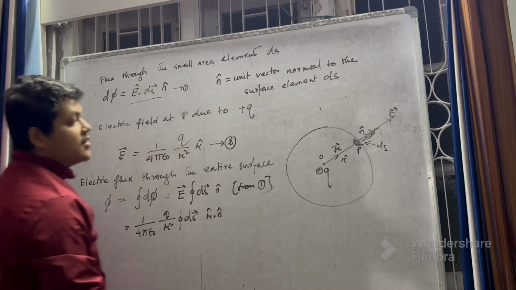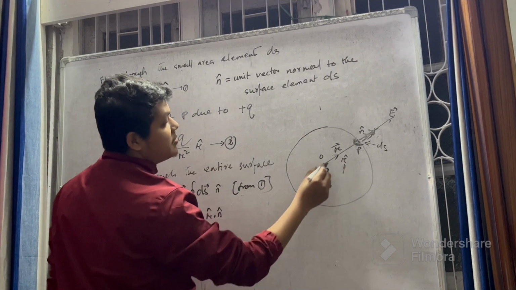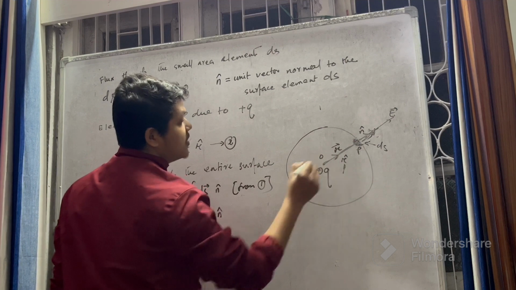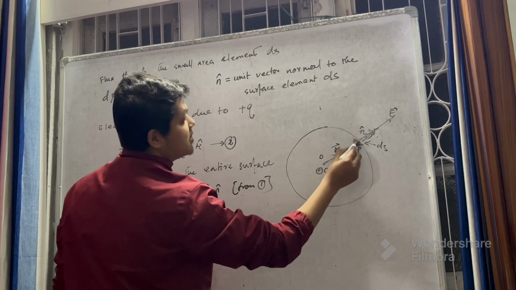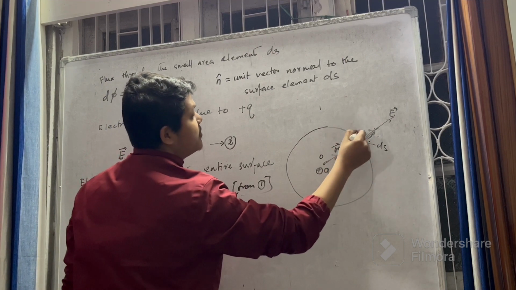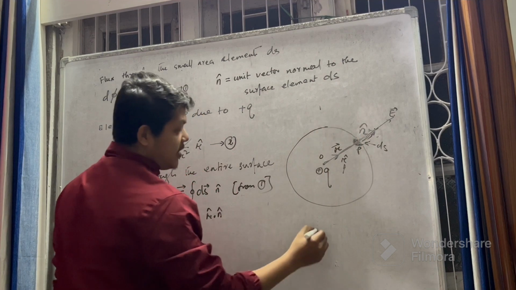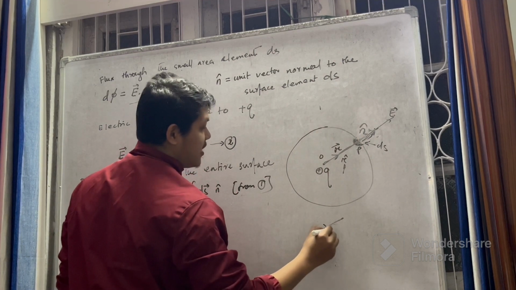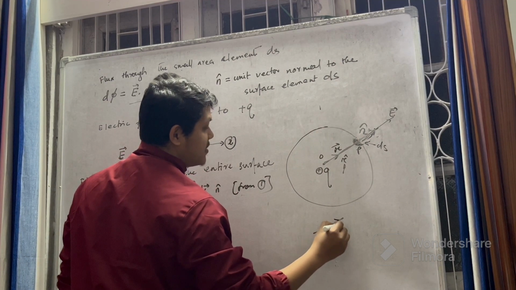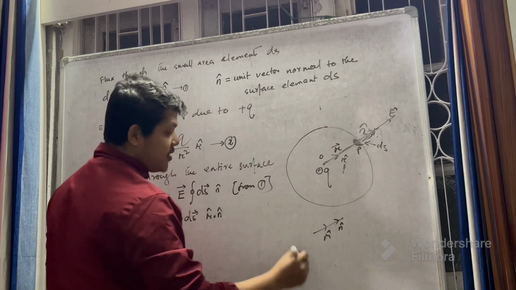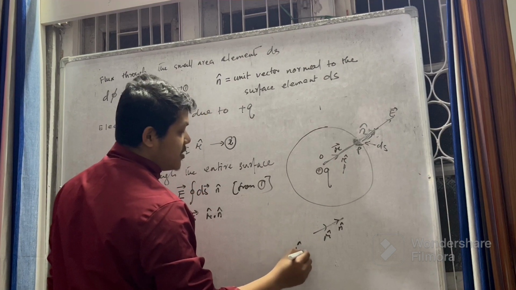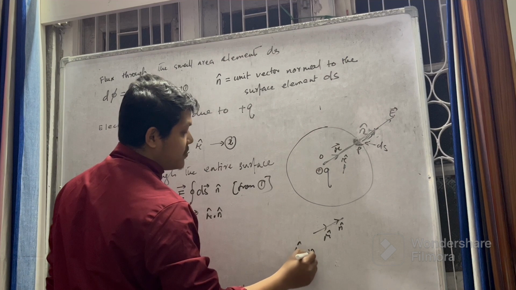So now you see this R cap is the unit vector along this radius, and n cap is the unit vector along the area vector, and both are in the same direction. So dot product of these two, R cap dot n cap.